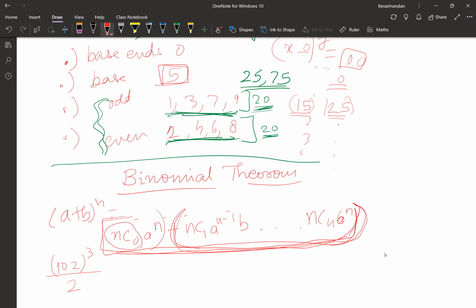The only term that does not have anything related to 2 directly, it might have 2 indirectly, will be this term. So you don't need to divide the others, you just need to take this one, that would be nC0 a raised to n divided by 2, and put in the values of n and a. Got this part clear, guys?